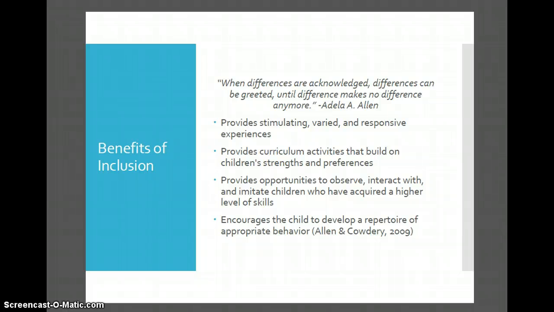It comes from a social environment and from social relationships. And so if a child is isolated from those, they lose the possible benefits that they could gain from those types of interactions. So that's inclusion, a brief introduction to it.